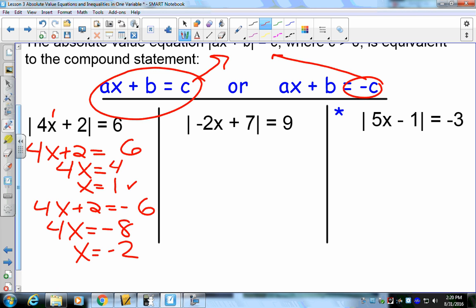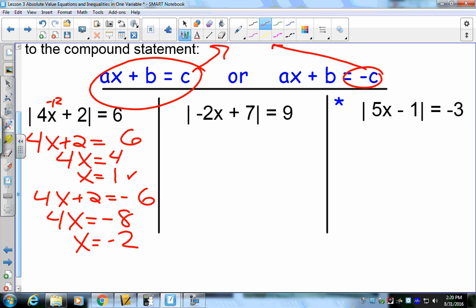If I plug negative 2 back in, 4 times negative 2 is negative 8, plus 2 gives me negative 6, and the absolute value of negative 6 is 6. So I found the two solutions that when I plug them in, give me the positive and the negative, and when I take the absolute value equals the 6 over here. So since these are just one value, I can write it in brackets, 1, negative 2, or I can just write x equals 1 and x equals negative 2. Either way is fine.